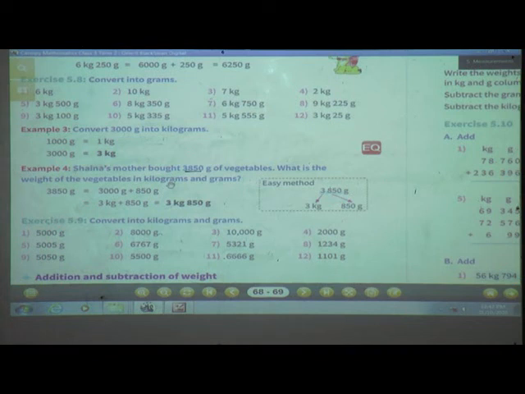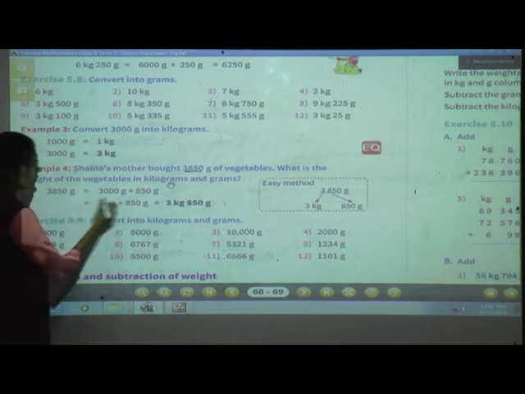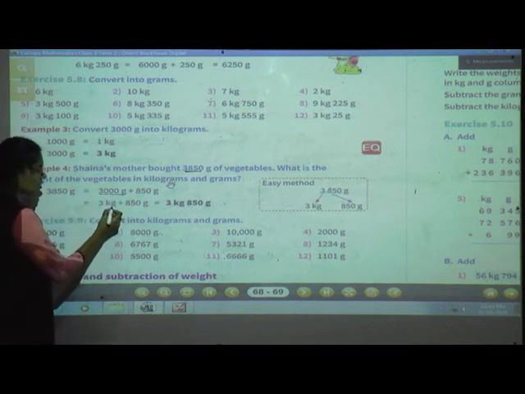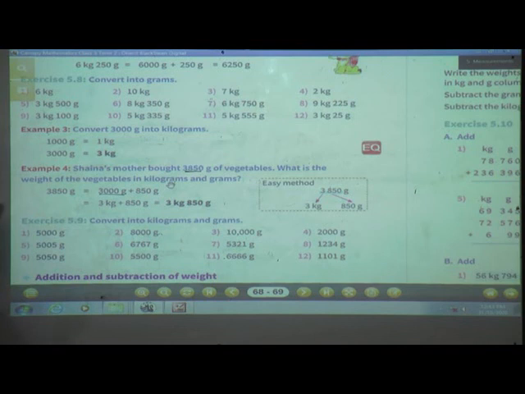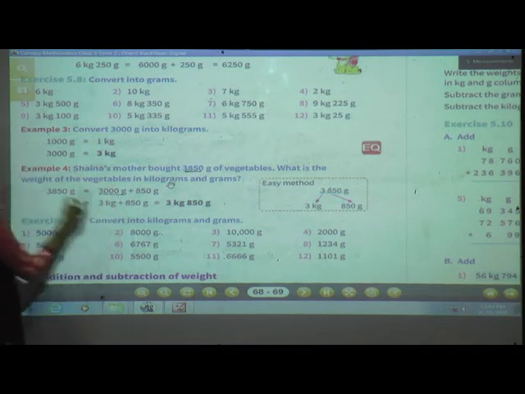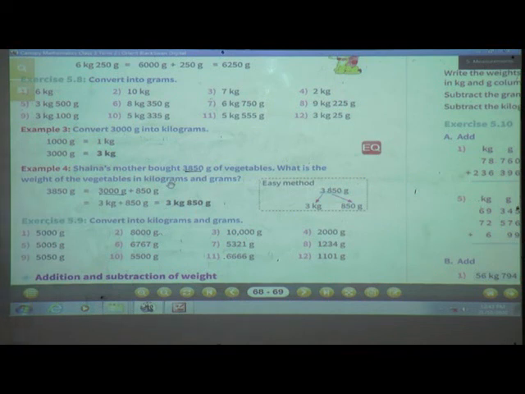Now just now I told you 3000 gram is equal to how many kilograms? Yes, 3000 gram means 3 kilogram, because from the right side we have to remove these 3 zeros, then that weight will convert into kilogram.